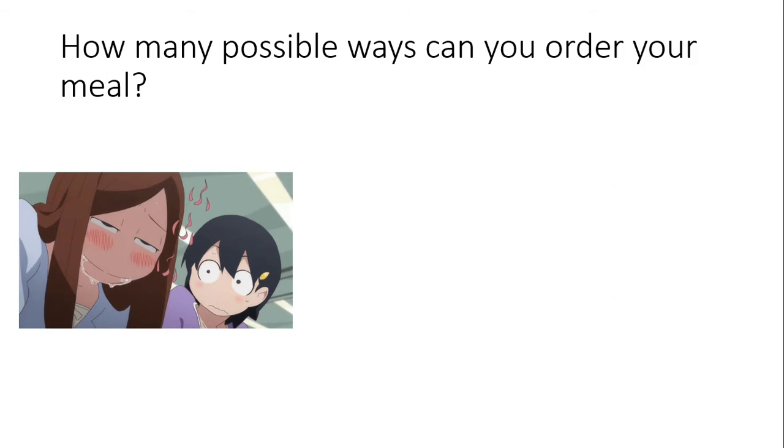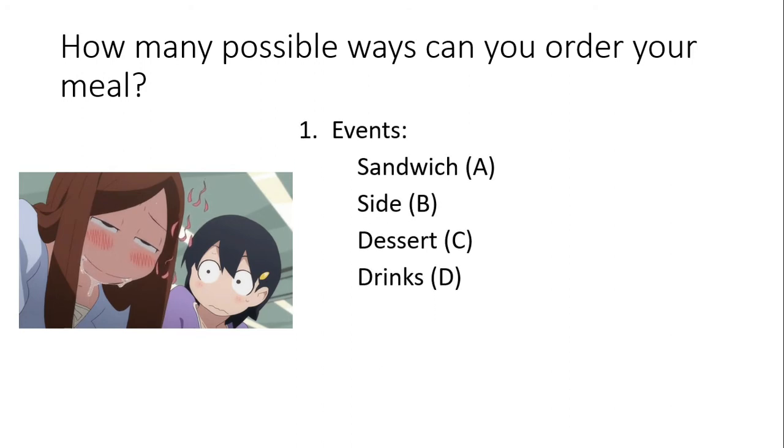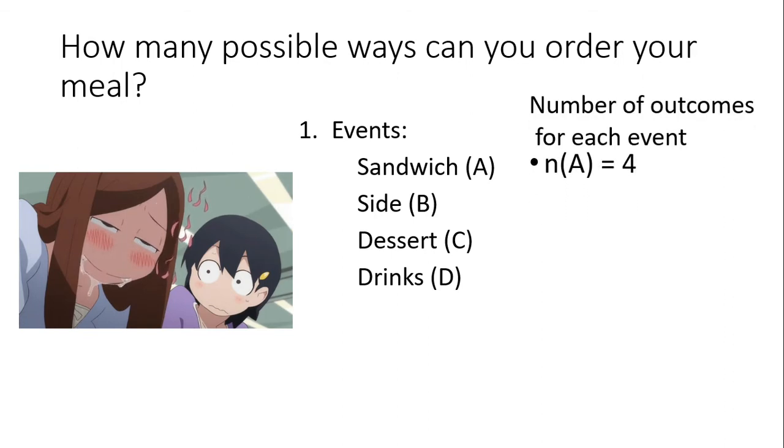By following the steps in using fundamental counting principle, we define the events. The events are choosing a sandwich, a side, a dessert, and a drink for you to complete your meal. The number of outcomes or choices in each event are, for n of A, there are a total of 4 choices. In event B, there are 3 choices, so n of B is 3. In event C, there are 2 choices, therefore n of C is 2.